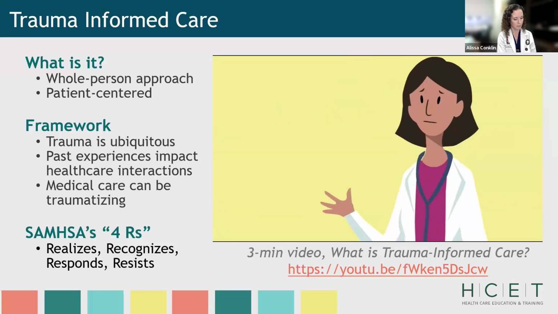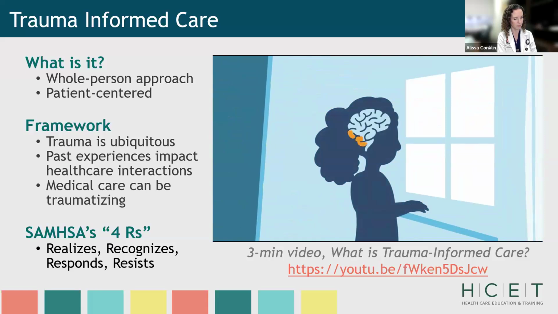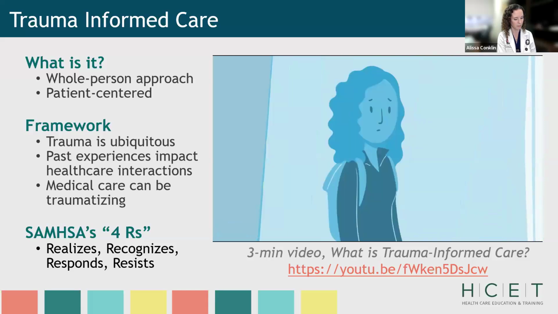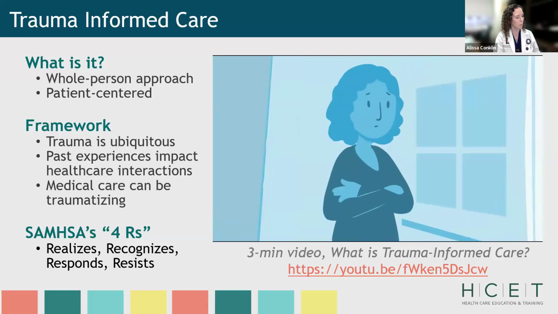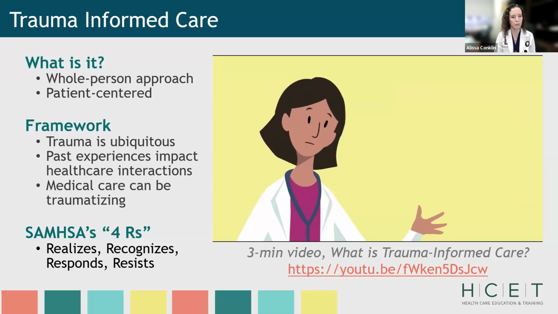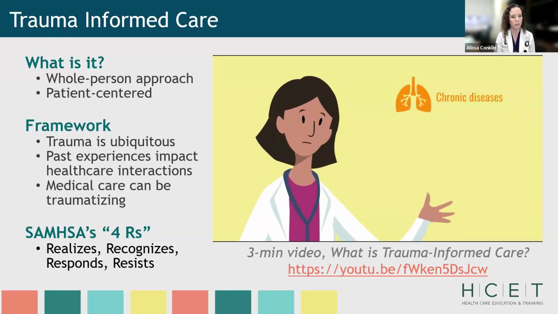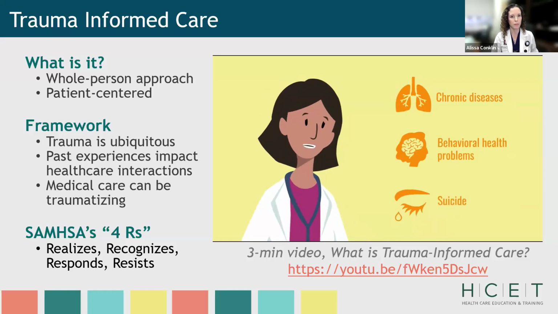For young children, repeated exposure to trauma can impact brain development and literally rewire the brain's response to stress. So as they grow up, many struggle with issues related to emotional regulation, like depression, anxiety, or substance use disorders. Trauma survivors are also more often at risk for chronic diseases, behavioral health problems, and even suicide.